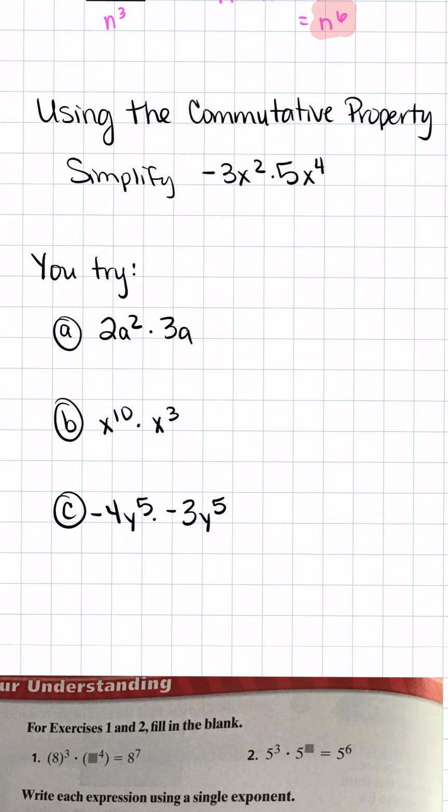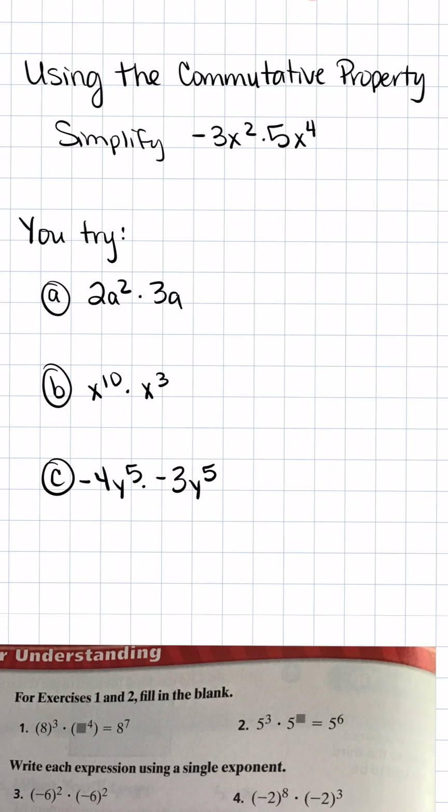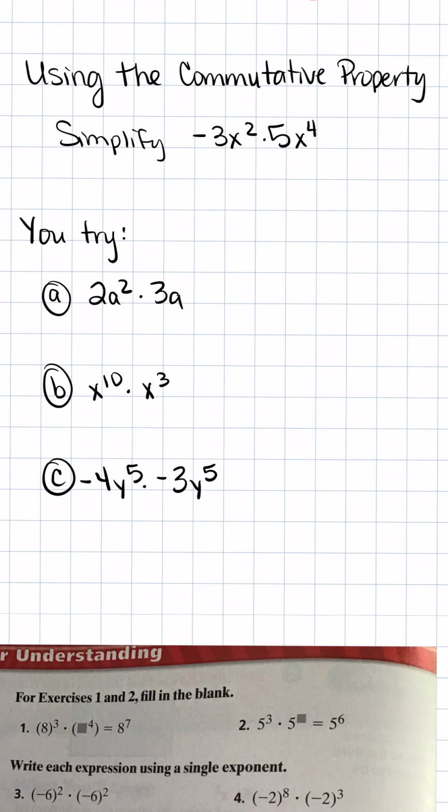Okay, so now let's look at using the commutative property. We want to simplify this. This one we are multiplying, right? The x's are going to stay the same, but then we're going to add the exponents because that's what we do.